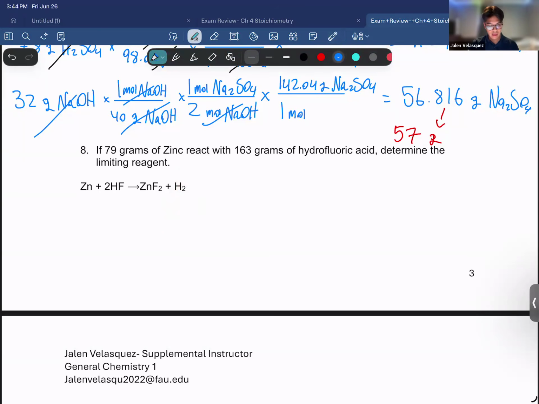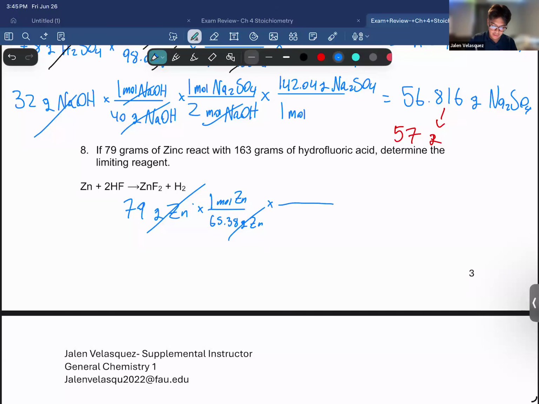All right, so we have 79 grams of zinc here. So we're going to go from grams to moles. Now from the moles of zinc, like I said, we're going to calculate to hydrogen because the molar mass for hydrogen is easier to calculate.